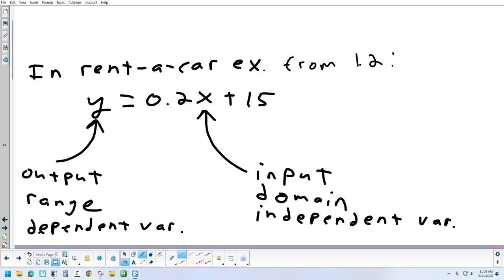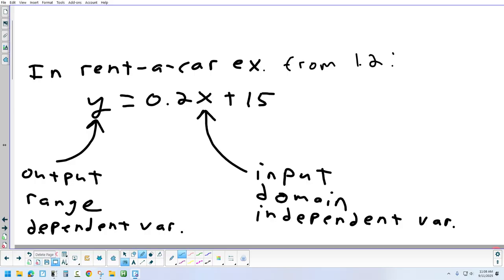And after you multiply by 0.2 and add 15, that answer that you get is the output. You can also call x the domain, and y you can call the range. And a lot of times when we are looking at a function, they're going to ask us to figure out what is the domain or what is the range of the function.